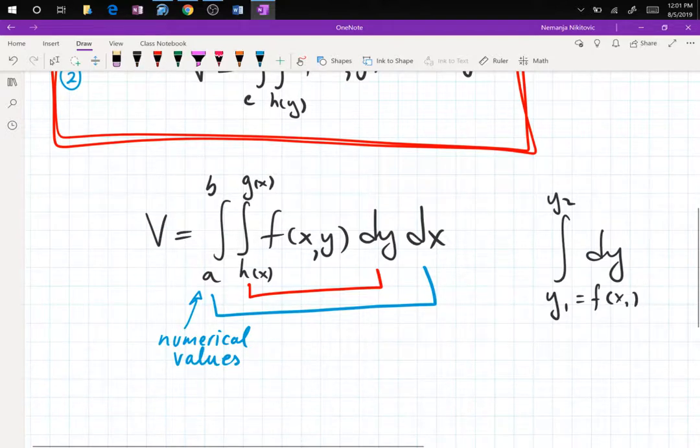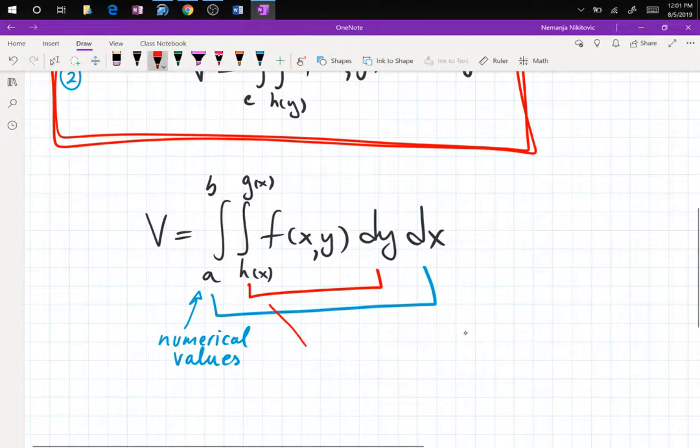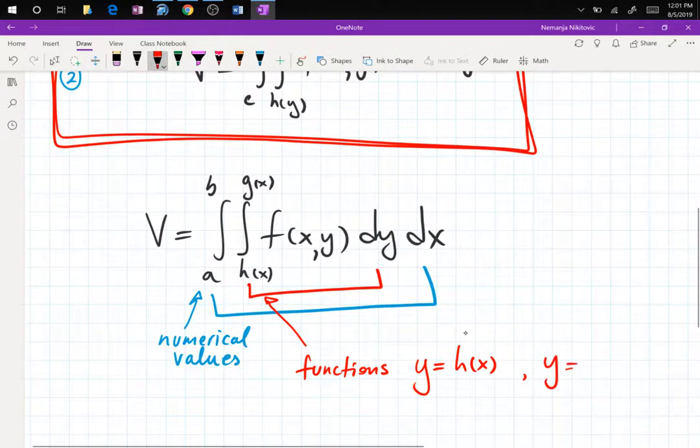That's exactly what we need. The inner integral has functions: y is h of x and y is g of x.